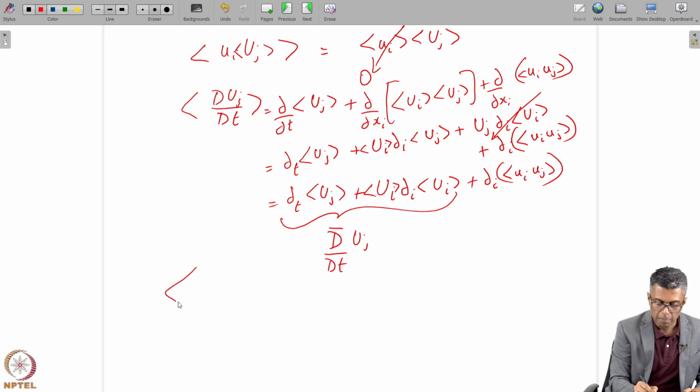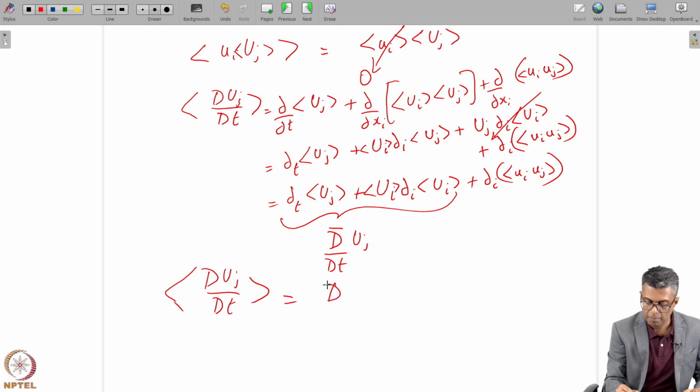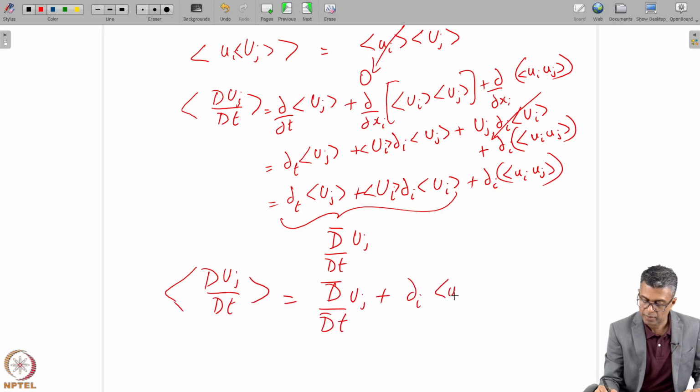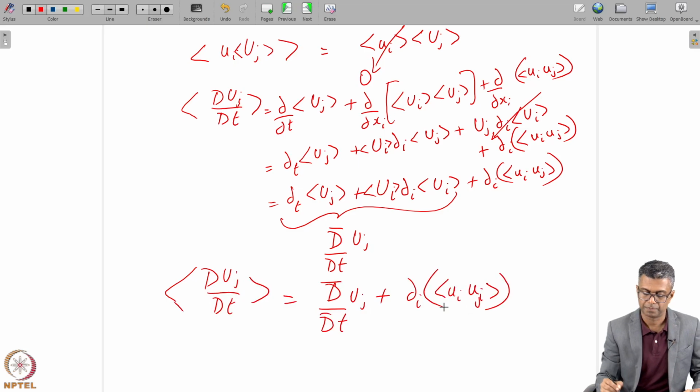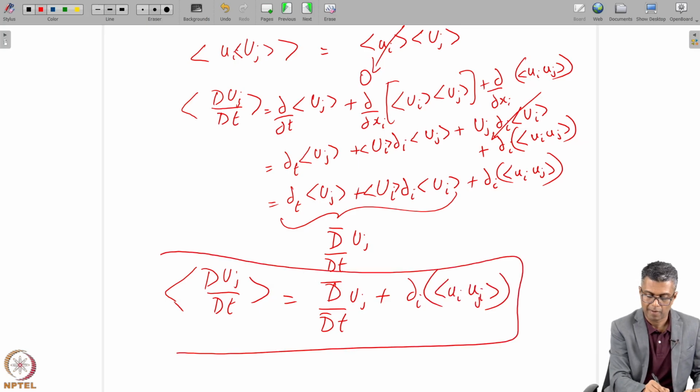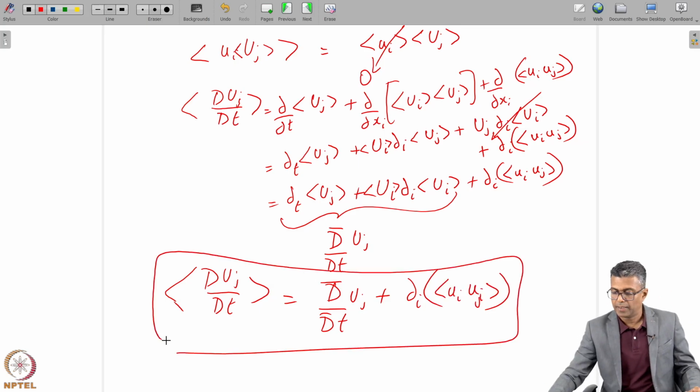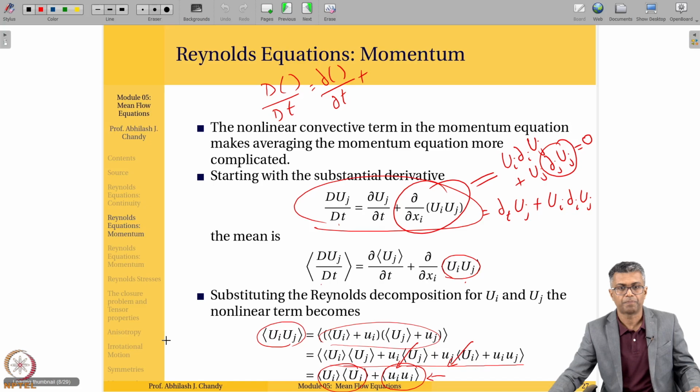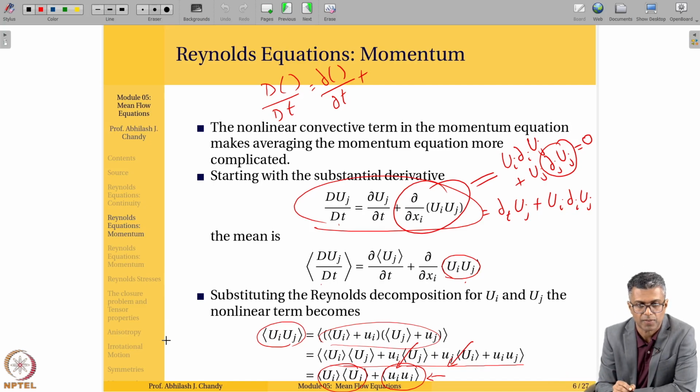So your mean of the substantial derivative is equal to the mean substantial derivative of u_j plus the Reynolds stresses, the derivative of that, of course. That's what we end up getting if you have it like this.